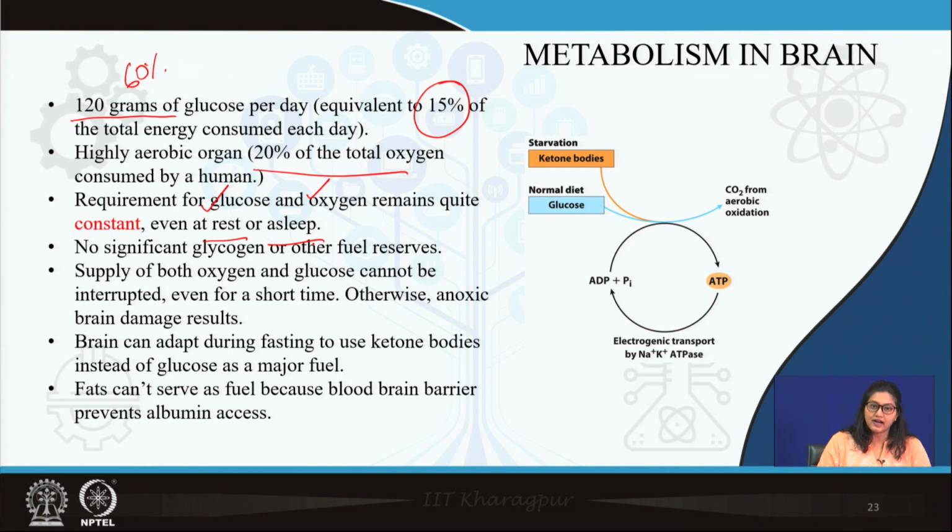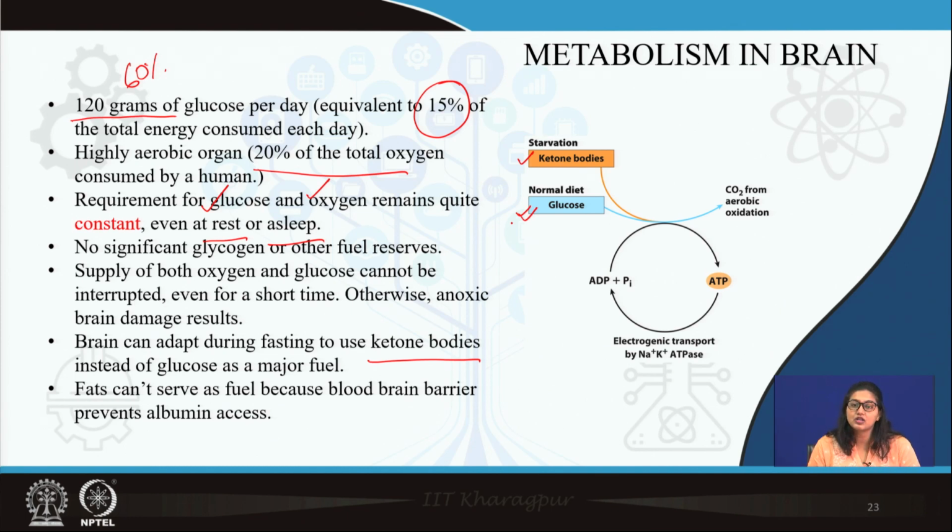In fasting condition, apart from glucose, brain can utilize ketone bodies as well. In starvation, ketone body is the main fuel, whereas normally, or as long as possible in fasting, glucose is the most important fuel in brain.